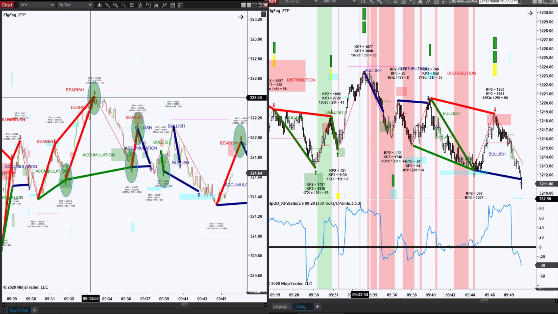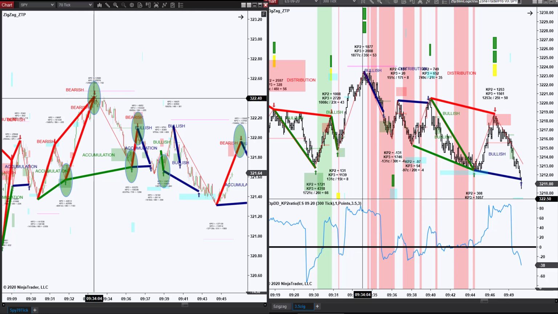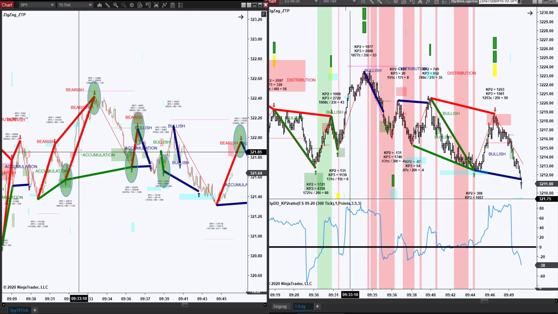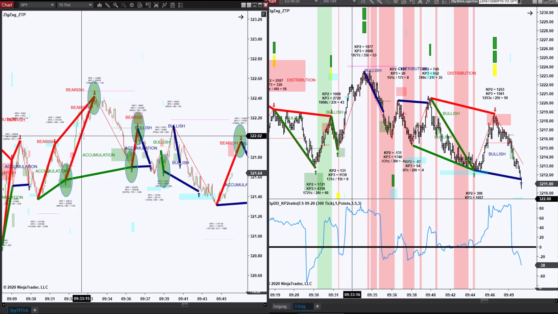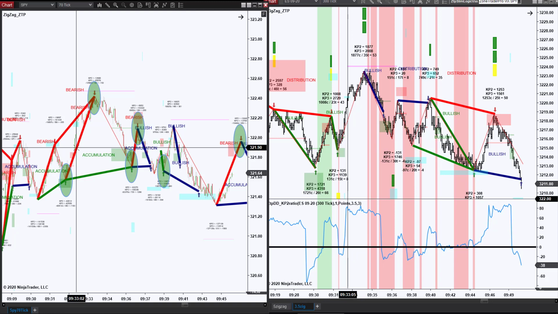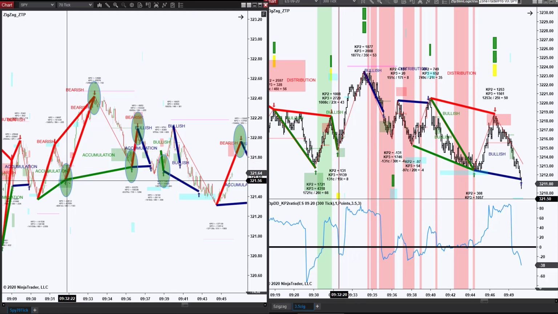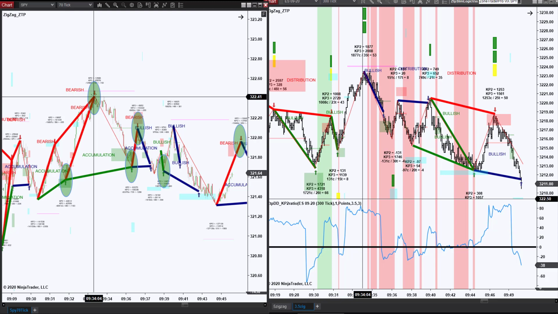Now, normally I wouldn't suggest taking this from up here, because one of the rules that I created was that I don't want to see the length of the special divergence be very long. In other words, price moved from about 321.58 all the way up to 322.41, so well over an 80-cent move in the SPY. But I went ahead and circled it.